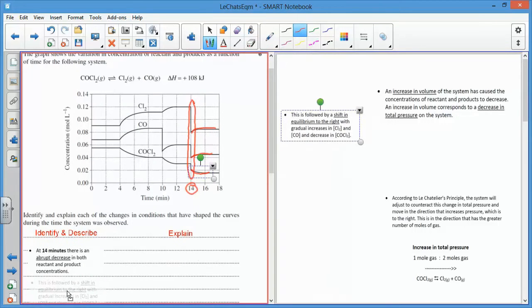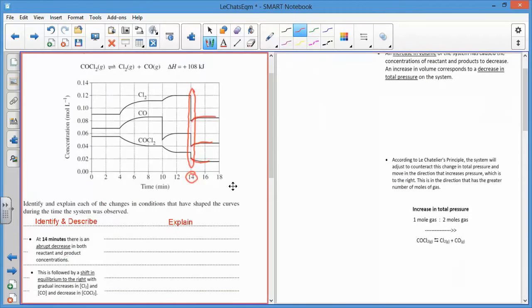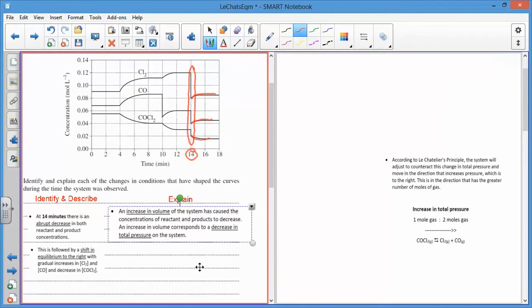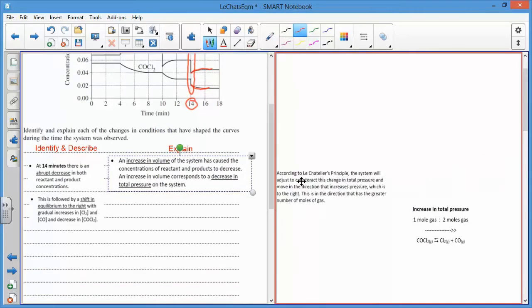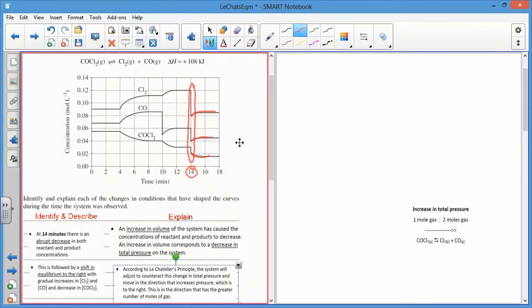Now, to explain this, we've got an increase in the volume of the system. This has caused the concentration of reactants and products to decrease rapidly, and an increase in volume corresponds to a decrease in pressure on the system. If we relate this to Le Chatelier's principle, when we're talking about total pressure, we need to look back at the equation, and we can see we've got all gas species.